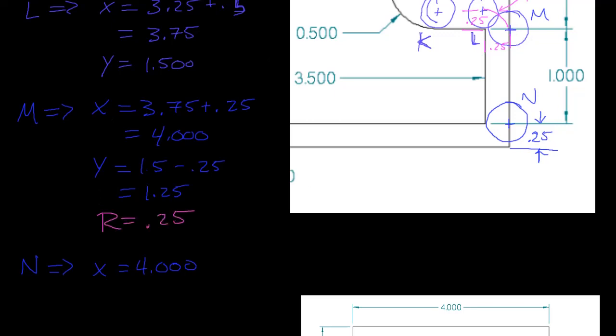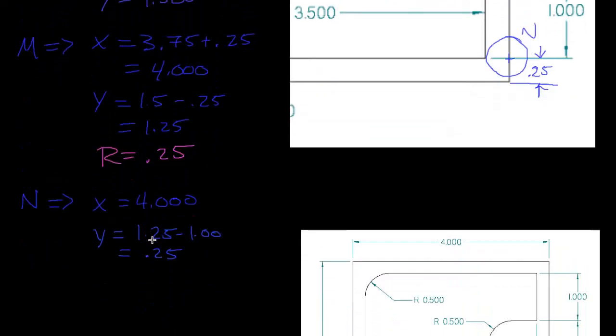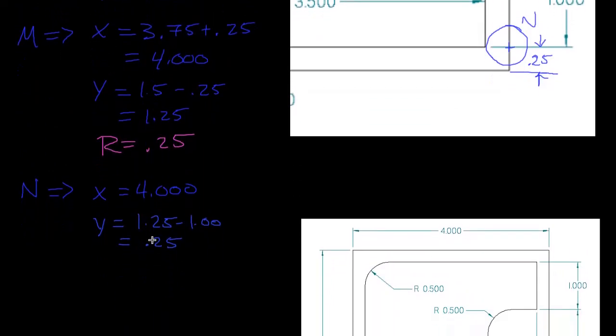Okay, so then we'll go back to point N here. The x position doesn't change, but the y position does change, and it changes to 1 inch, of course. So y is equal to 1.25 minus 1, and that is equal to 0.25 inches with respect to the y0 point. All right, so we're almost done here. Just need to get to point O.